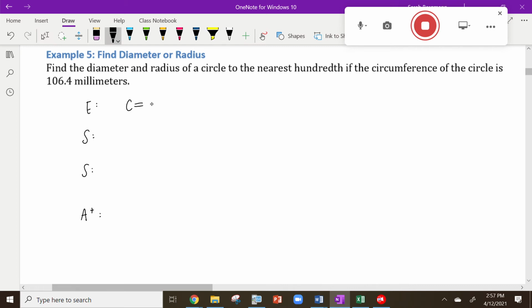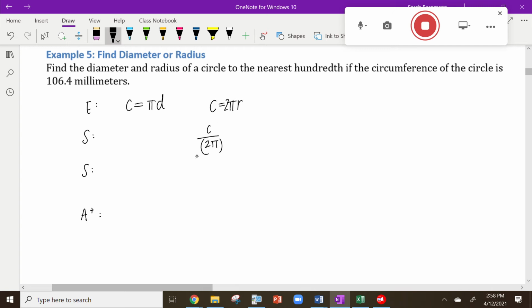Now, I usually like to use the equation pi times diameter for these, because if I use the formula 2 times pi times the radius, in order to solve for the radius, you need to divide by 2 pi, but a lot of people forget to put parentheses around this 2 pi.